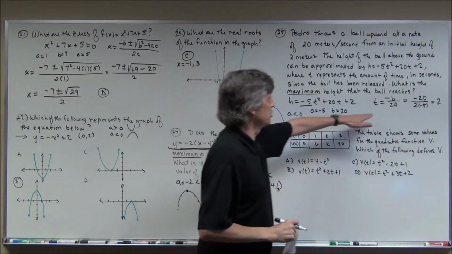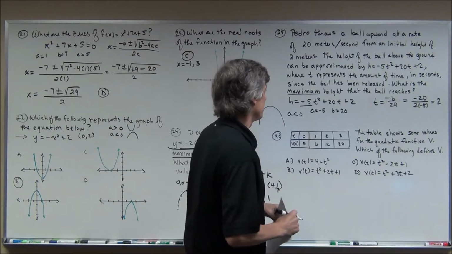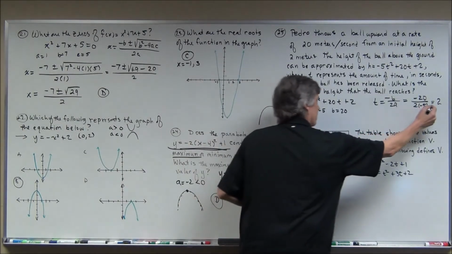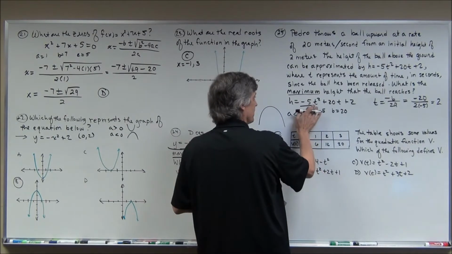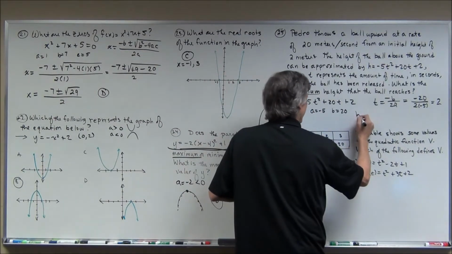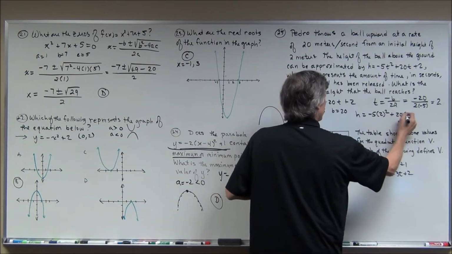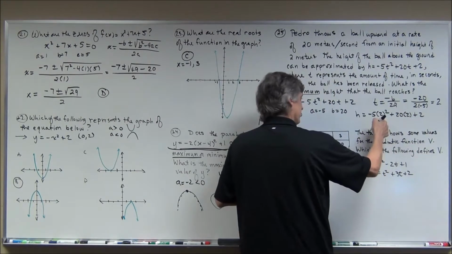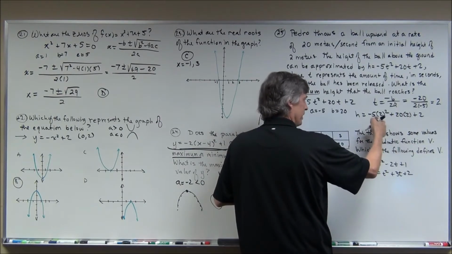But what's that height? This isn't how high it is. They want the maximum height. They want h. So you've got to plug 2 back in here and find the height that goes with it. So my height is equal to -5 times 2 squared plus 20 times 2 plus 2. Now remember, you square before you multiply. Don't multiply these two numbers together.